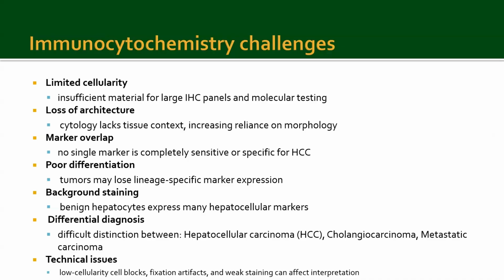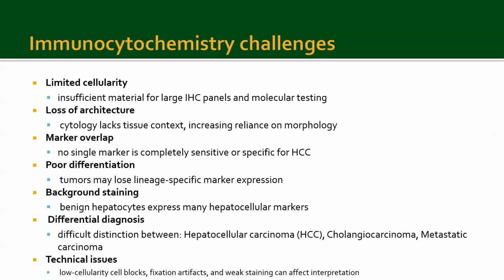For differential diagnosis, it can be very difficult to distinguish between hepatocellular carcinoma, cholangio, and metastatic carcinoma, particularly if it's a poorly differentiated lesion, and even more so if it's a cholangiocarcinoma versus another adenocarcinoma that has metastasized to the liver.